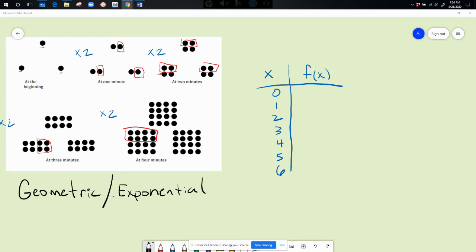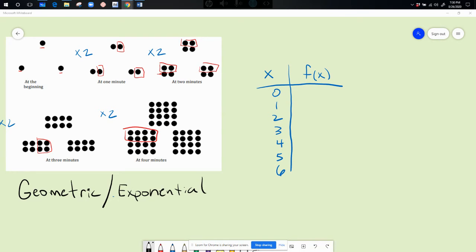All right. Hopefully you have yourself a nice table. Don't forget, on a table, you always have to define your variables. So if you don't define your variables, then literally the numbers mean nothing. But if you define your variables, then someone can read your table and know what the heck it's talking about. It's not just some random table.